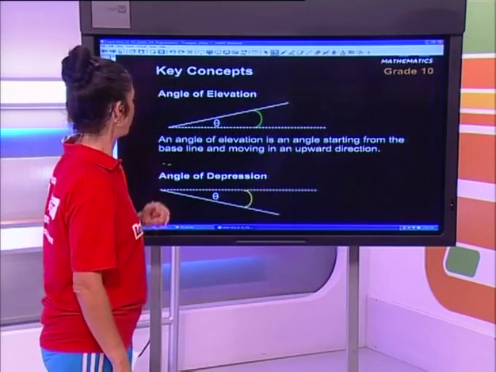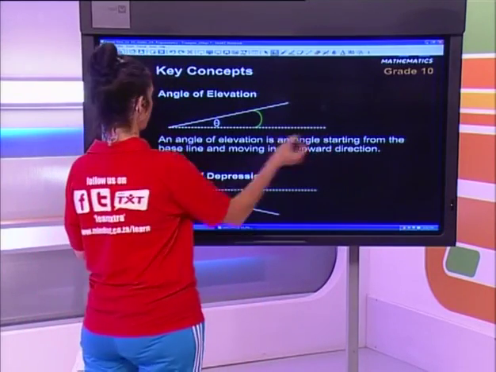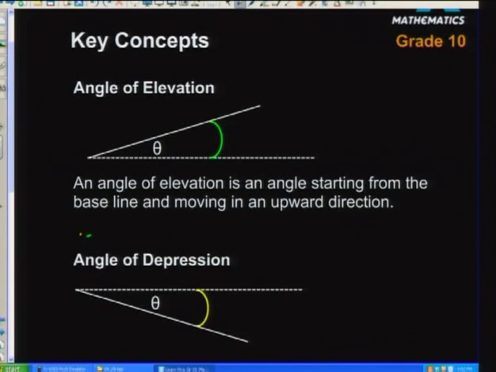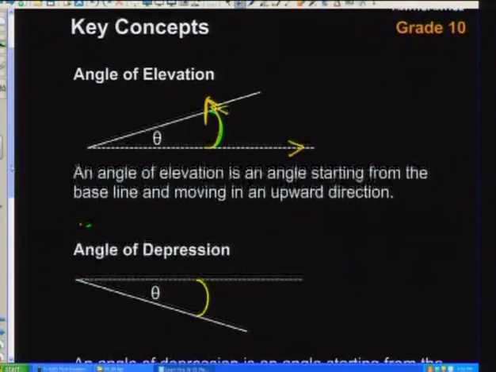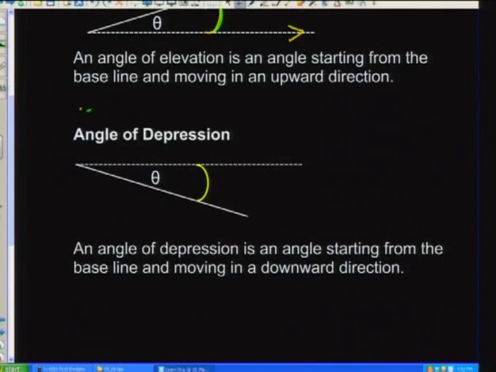All right, so angle of elevation is an angle starting from the baseline and moving in an upward direction. So you would have a horizontal, and when you are looking up at something, you would talk about an angle of elevation. Whereas the reverse, or the inverse of that, would be if you are stationed in a place, and you are watching something below you.